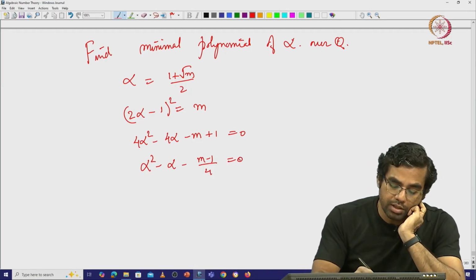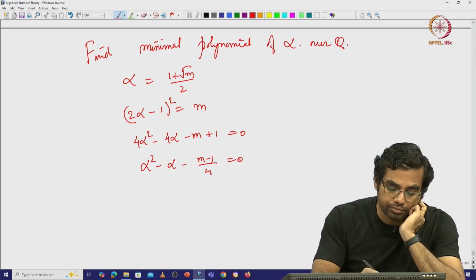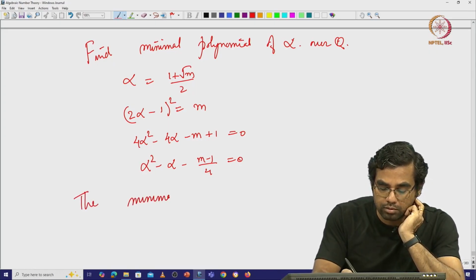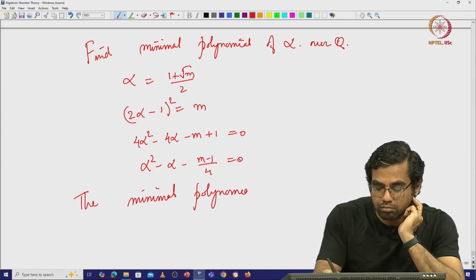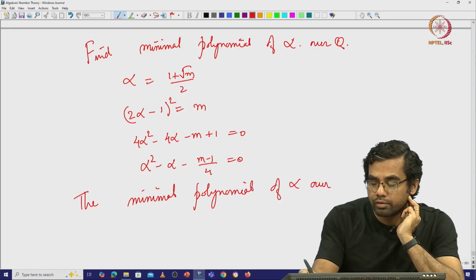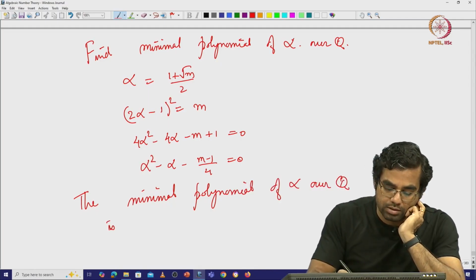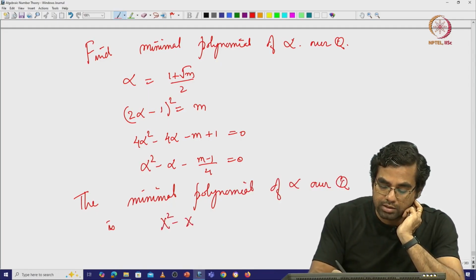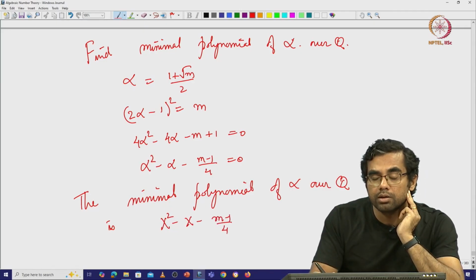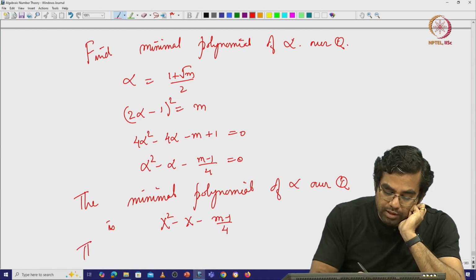Okay. So, the minimal polynomial of alpha over Q is x squared minus x minus (m minus 1) by 4. Okay. And this polynomial is in Z.